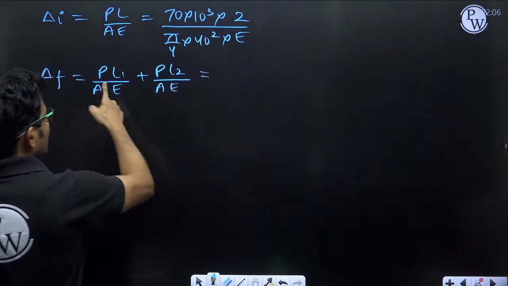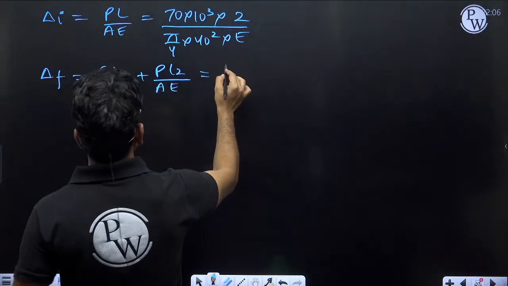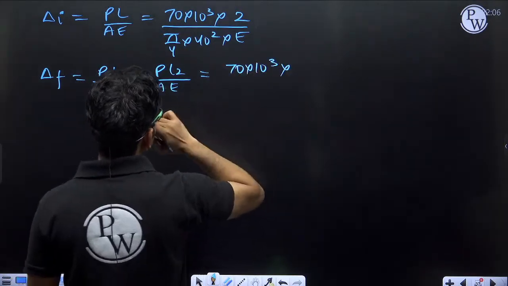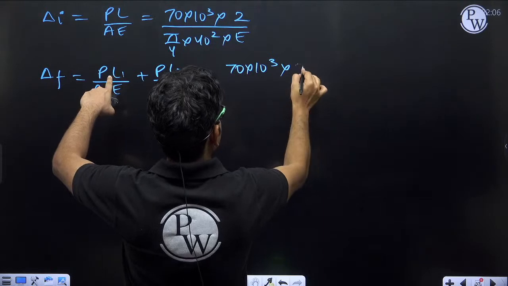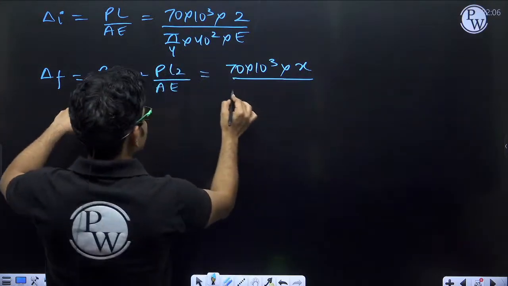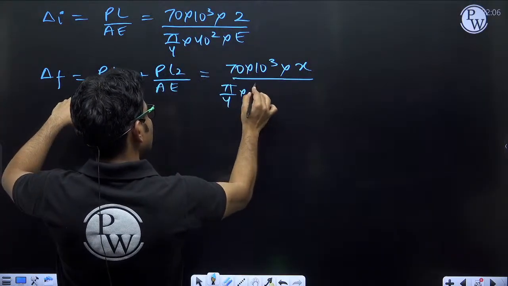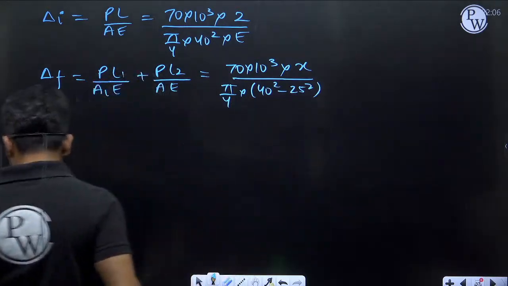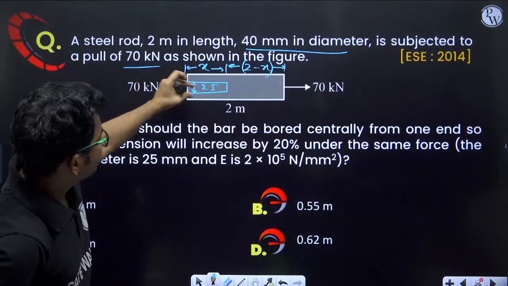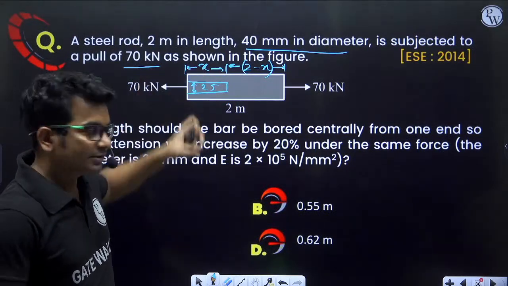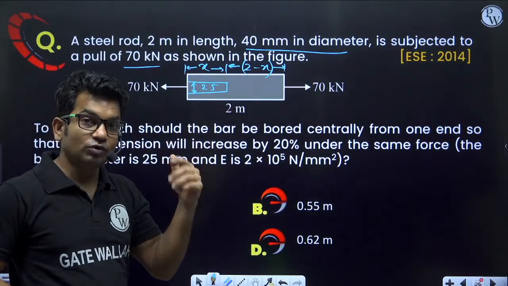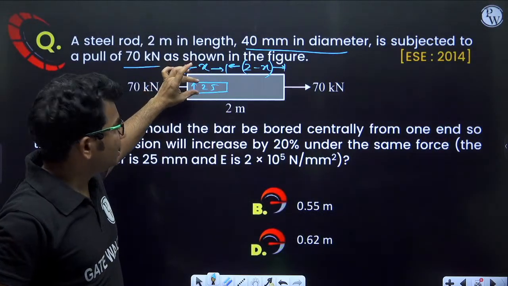So what is the value of force? Force is P, same. So 70 into 10 to the power 3 into L1. What is the length L1? This is x divided by A1. It will be pi by 4 into 40 square minus 25 square. So after central boring of 25 mm diameter, cross sectional area will be pi by 4 outer diameter square minus inner diameter square.